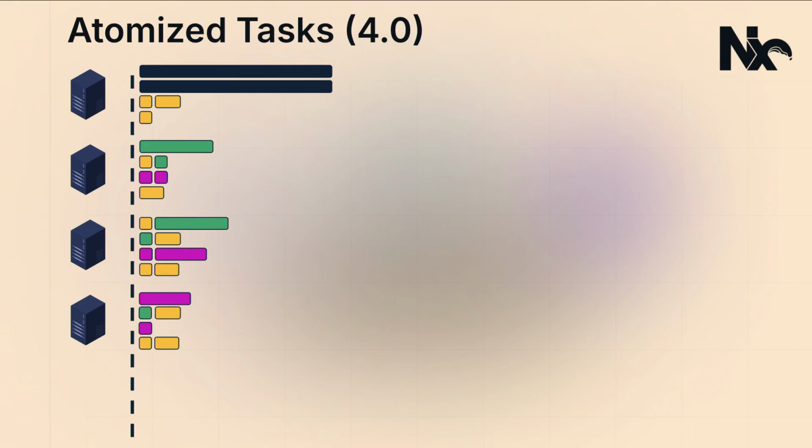But I said 5 minutes, so how can we do that? The slow part is really these tasks up top. These might be your integration tests, your end-to-end tests, stuff that takes a long time. And so what Nx allows you to do is split up these long tasks.